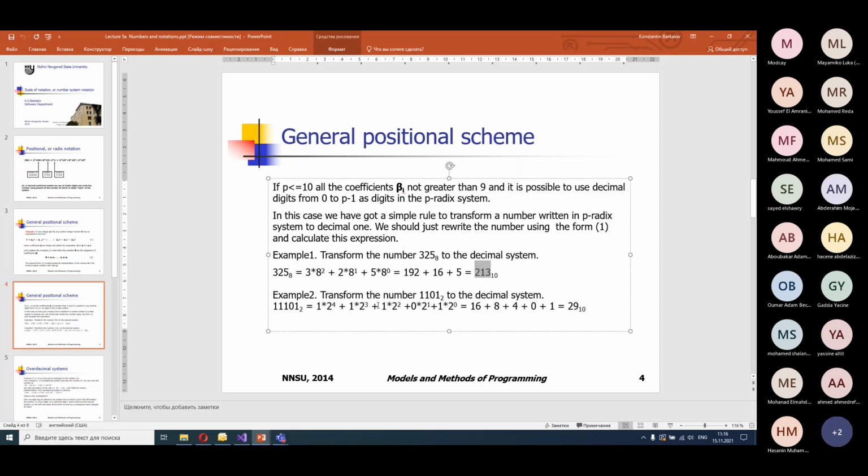And the next example, or I missed one here. Let's consider this number written in the binary system of notation. Again, if we use the system of notation with radix 2, we can use only 2 digits, 0 and 1. All the digits must be smaller than the radix.